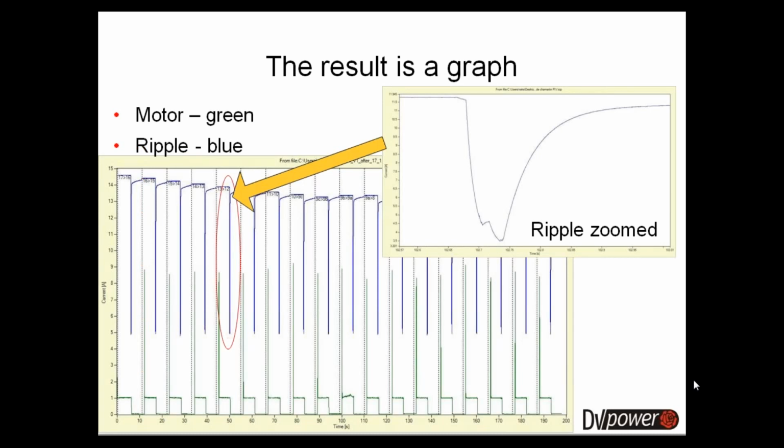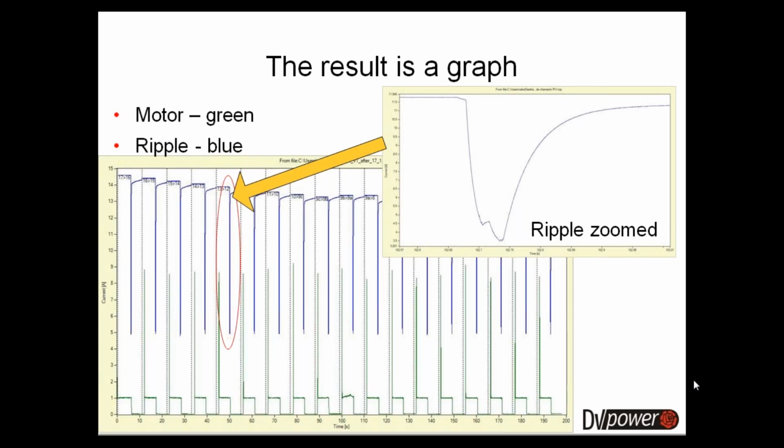So the graph that you are getting from the DVTest is in fact your results. It is in fact the value that you're getting and which you are using to ascertain whether your tap changer is in good condition. And this graph is recorded for the entirety of tap changer operation for all three phases.